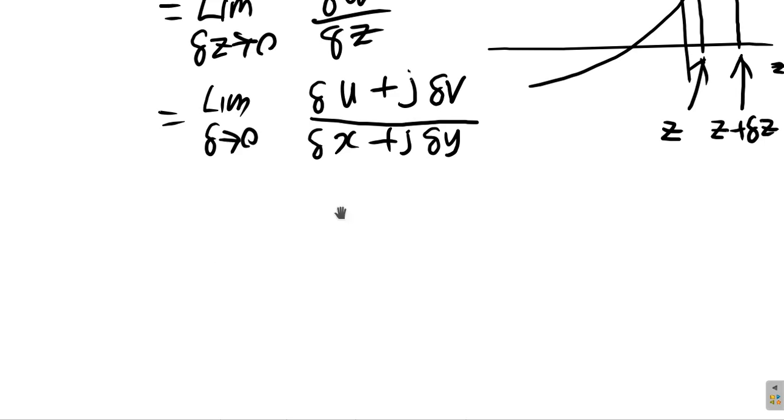At the top, we have a real part, U, and an imaginary part, V. So we have change in U, the real part, and change in V, the imaginary part. Down the bottom, in the denominator, we have change in X, the real part, and change in Y, the imaginary part.